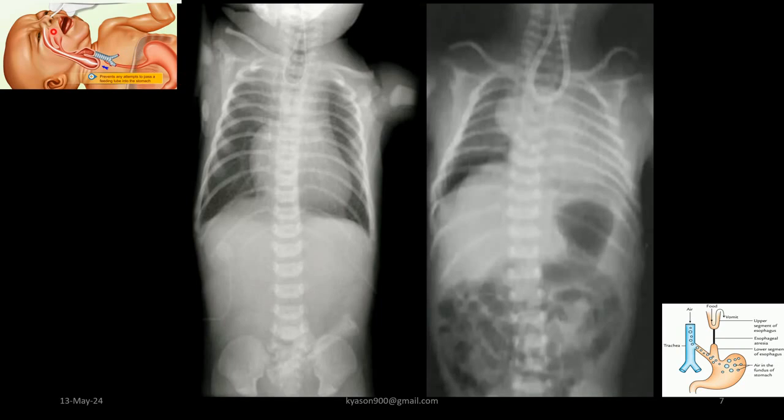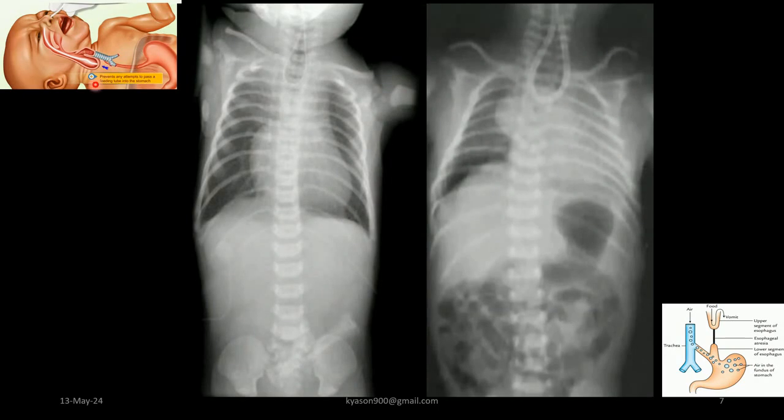So up here we are seeing a child with a proximal esophageal atresia, in this image up here. Hope you can all see it, though it's inverted, but you can see a proximal esophageal atresia, and also you can see that the lower part of the esophagus is abnormally fusing with the trachea.